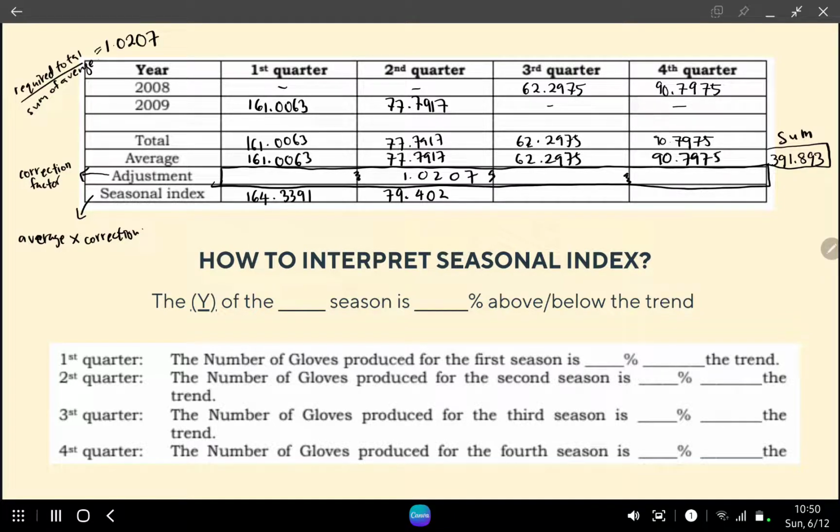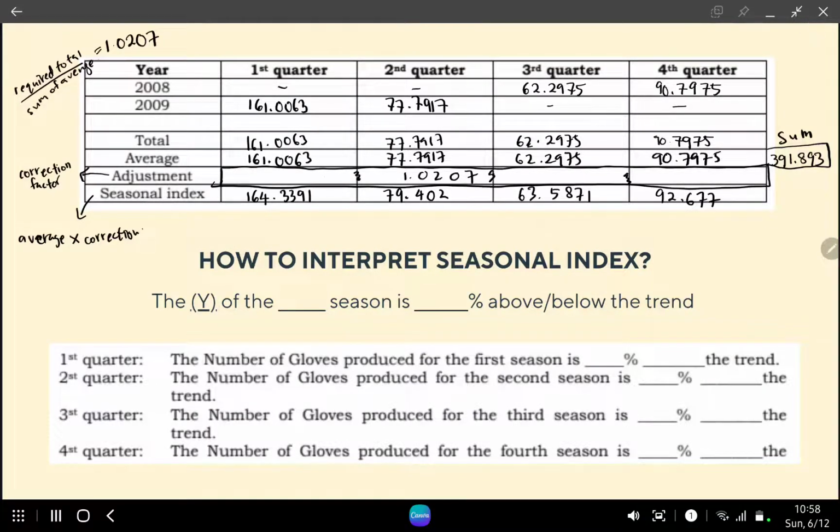Then we proceed with the calculation of the third quarter and fourth quarter. For the third quarter, the answer is 63.5801, and for the fourth quarter, 92.677.